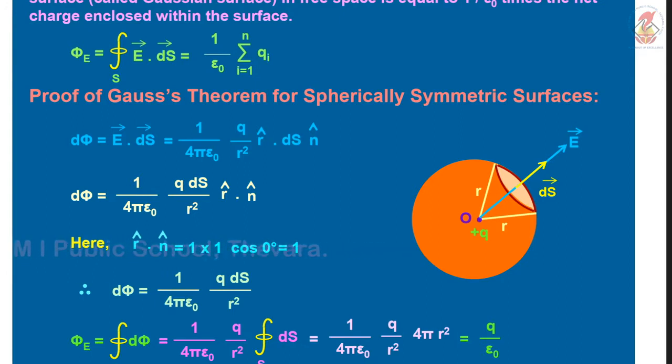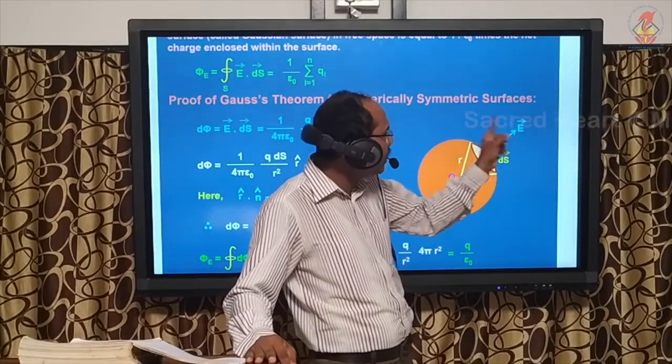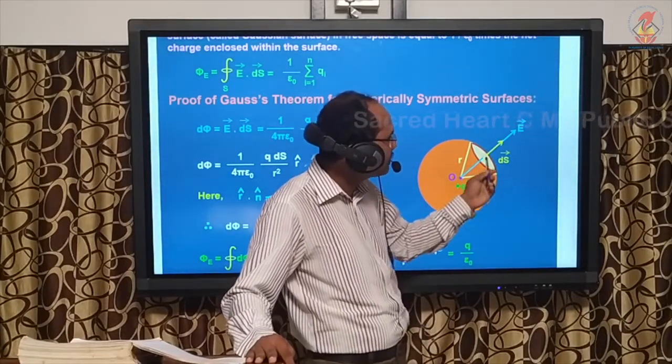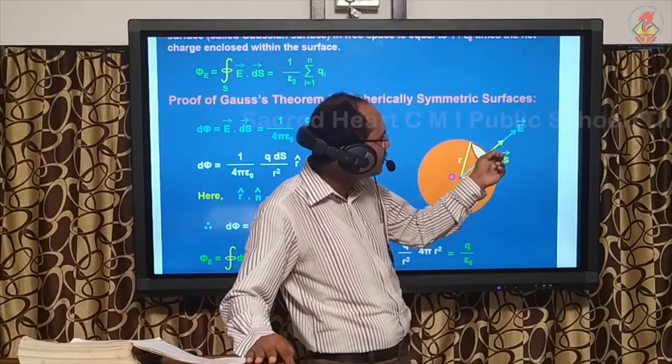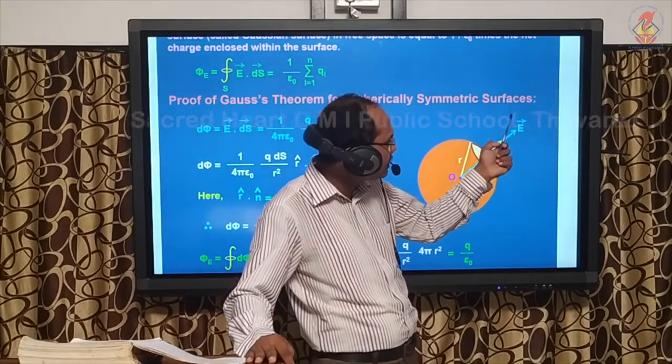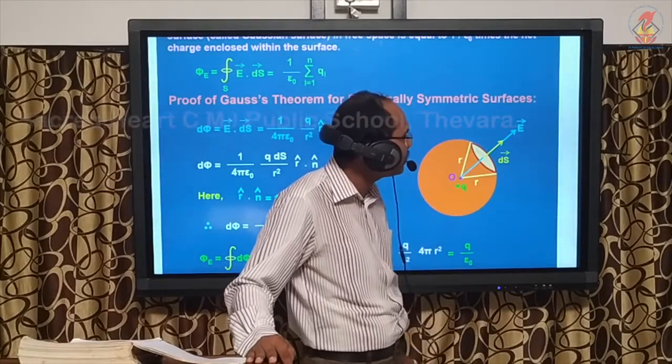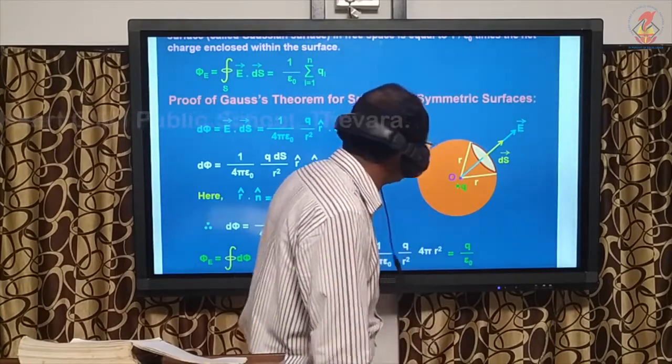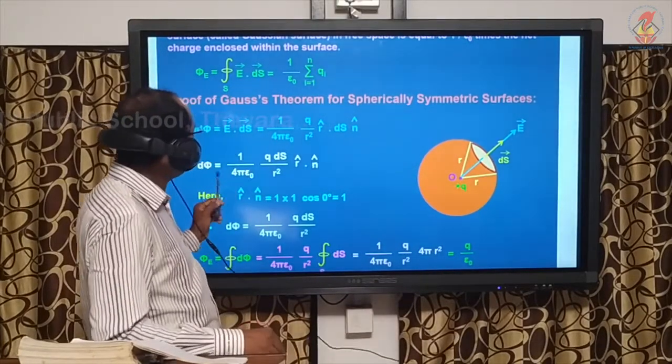Now, for a point charge, the electric field is directed outward, so the electric field is marked by the blue arrow, and the area vector, as I told, is drawn by drawing a normal with the surface we are selecting. So we choose a small surface on the sphere, draw a perpendicular line, that is given as the yellow arrow. So both the vectors, that is electric field and dS, are in the same direction. So theta equal to 0 and cos 0 is 1.